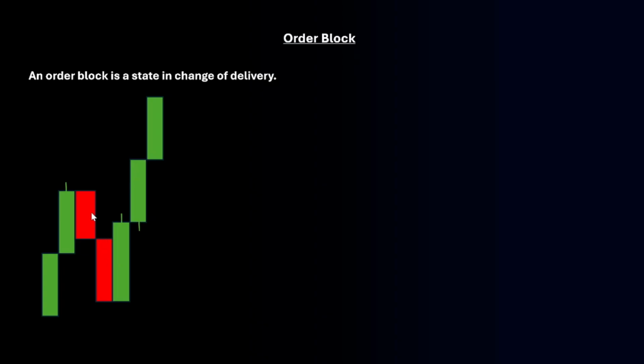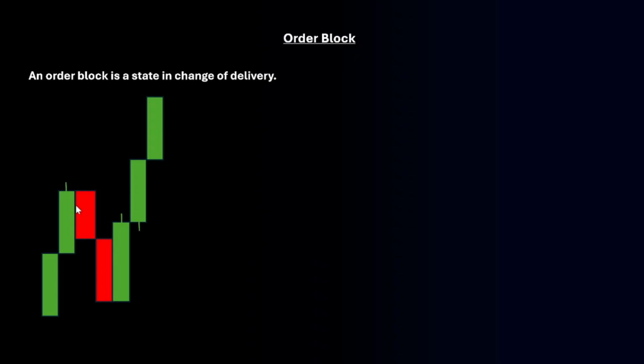If you go to a lower time frame, this will be like trading lower, just like a retracement, a sell side delivery. Inside a higher time frame uptrend, that's a state in change of delivery. The 2 down close candles traded lower, price traded higher again with 3 up close candles.